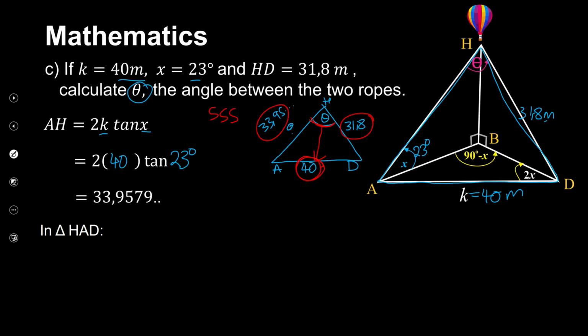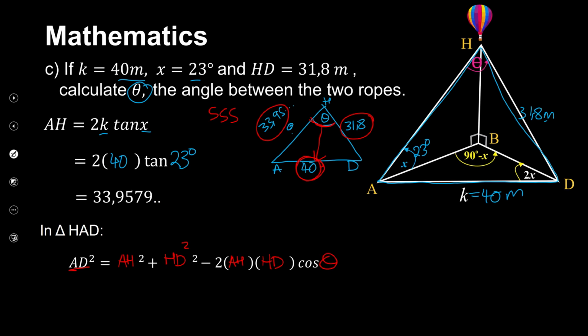We're going to say in triangle HAD, AD squared is equal to AH squared plus HD squared minus 2 AH HD cos of the angle, and remember, because we started off with AD, we're going to end with the angle across from it, and the angle across from AD squared is theta.